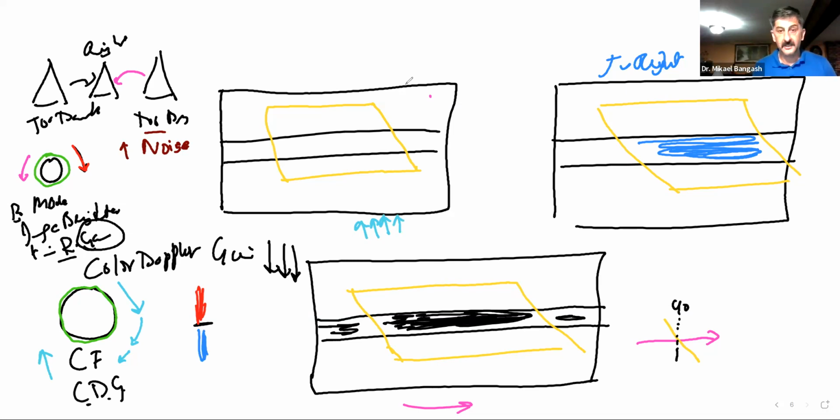What we will see is that we have our Doppler shift, but this image here is now actually producing, or we may call it, too much noise.